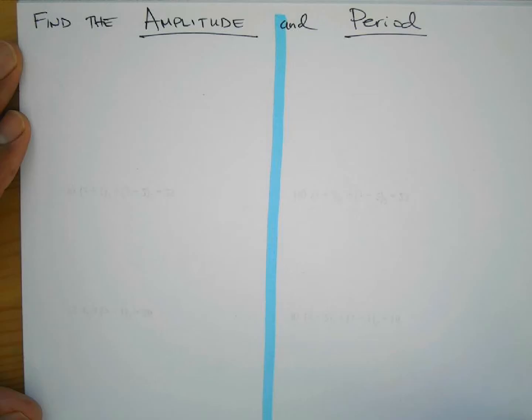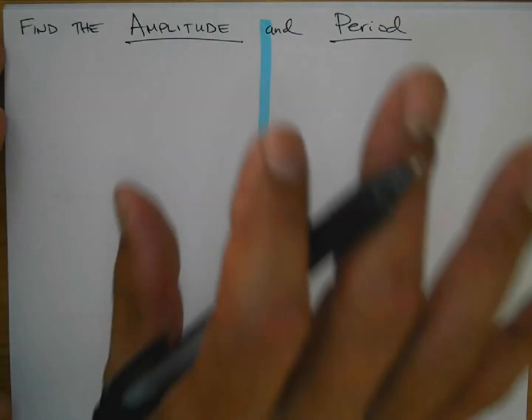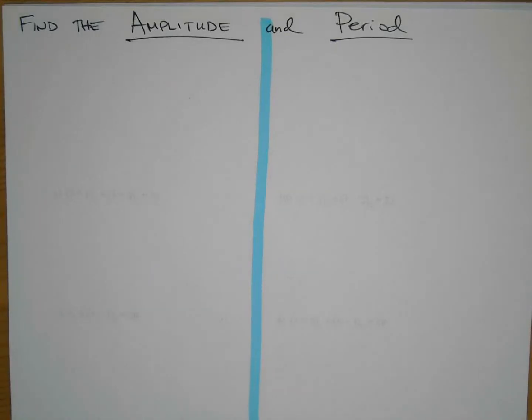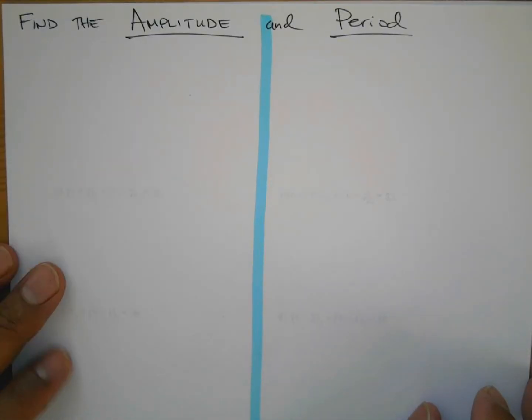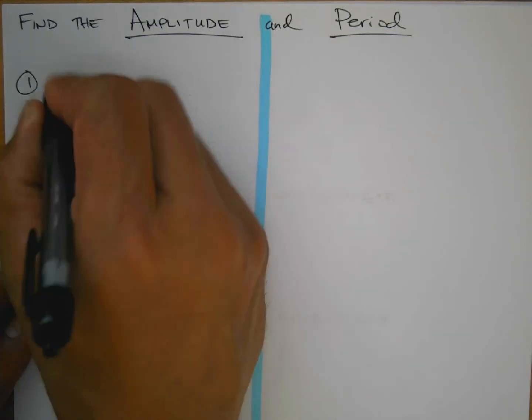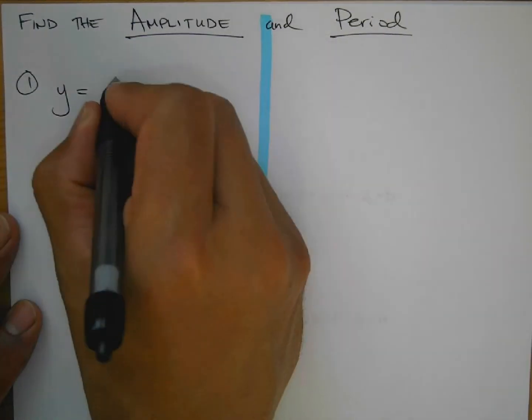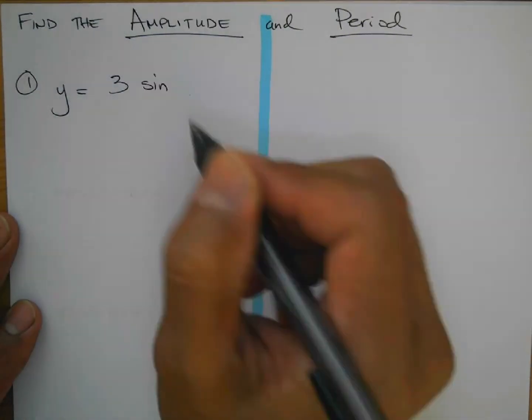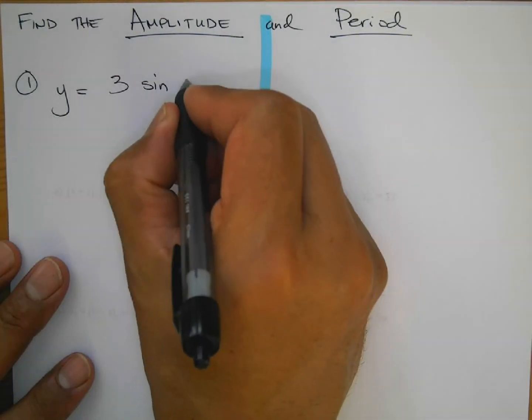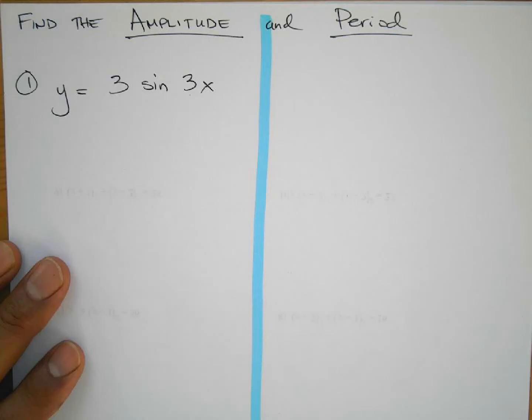You don't even know what to do with these numbers, and I understand that you don't need to know that right now. You just got to get these correct values so that when we do graph, everything's fine. If you get these numbers wrong, the graph doesn't matter. It's going to be wrong. Okay, number 1. y is equal to 3 sine of 3x.